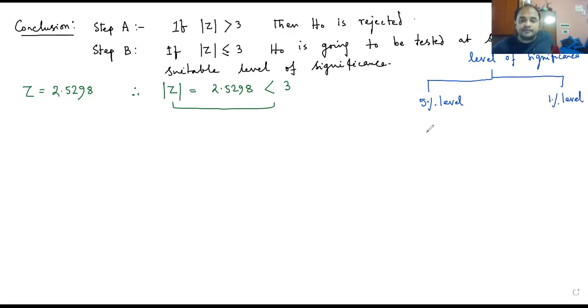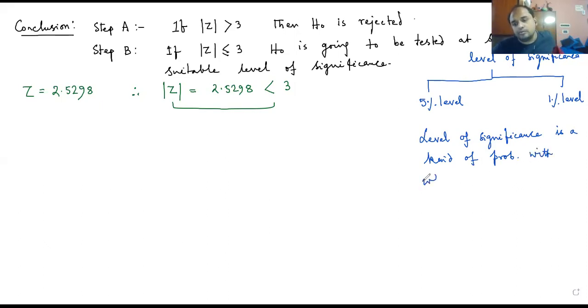Level of significance is a kind of probability with which, or for which, H0 is rejected.